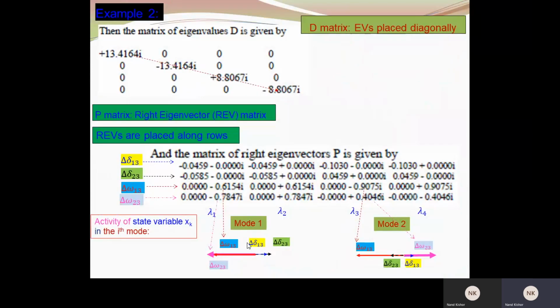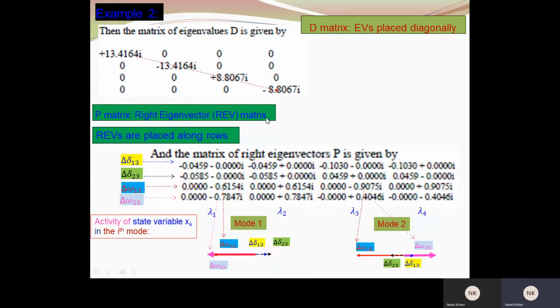Next, with these MATLAB codes, we can obtain the D matrix, a diagonal matrix, with the eigenvalues placed along the diagonal. From the previous code, as discussed in the previous slides, we can obtain the P matrix, which is the right eigenvector matrix.